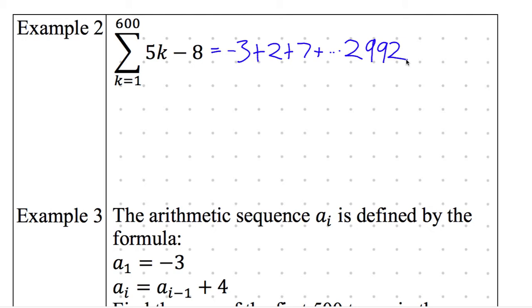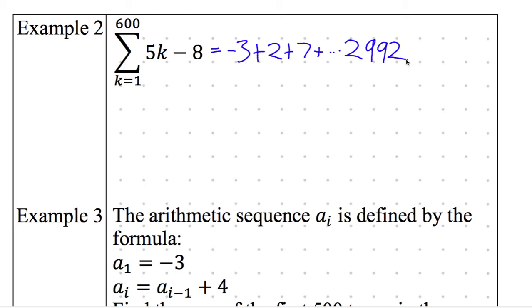Okay, we start at 1 and then we go to 600. How many numbers are there between 1 and 600, including 1 and 600? Is it 600 or 601? Including 1 and including 600, there are 600.